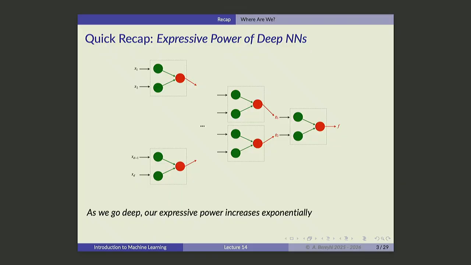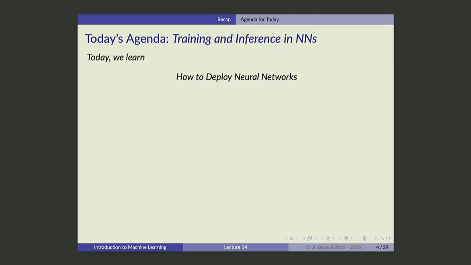So expressive power, we talked about it. As we go deeper, it gets exponentially more and more powerful. And because of that, we expect that if we can make one neural network and tune the weights inside it properly, we can do any job that we have. Now, today and next Tuesday, we're going to talk about how we can deploy a neural network, meaning how you can build one neural network and how you can use it to do one specific learning task.